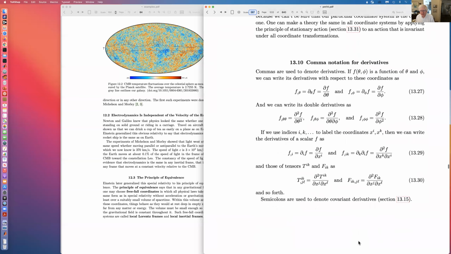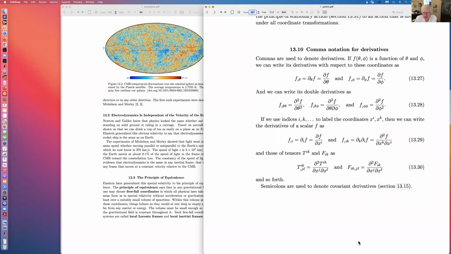Now, in much of this book I use various notations, and one notation is this common notation for derivatives. There are three ways of writing the partial derivative of a function with respect to, say, theta. One is d lower theta on f, and that's probably the best way to do it, frankly. Another way is f, and then you have comma theta.